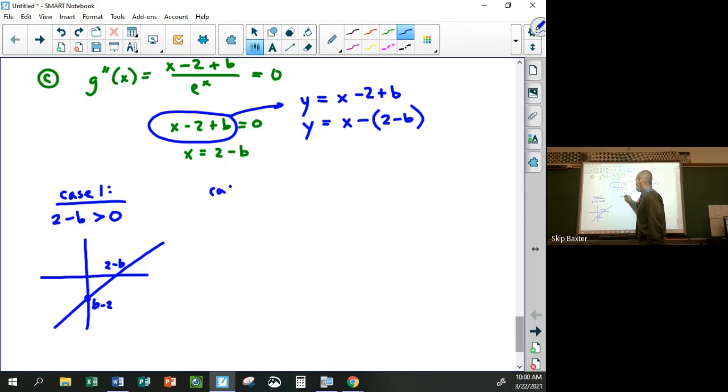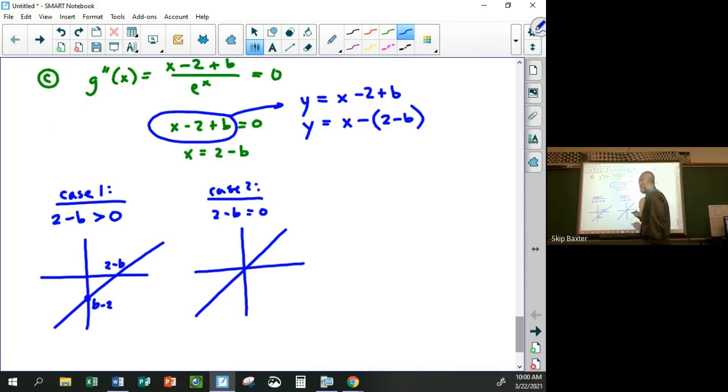Case 2 is if 2 minus b equals 0. In that case, it just goes right through the origin like that. So that's 0. And then case 3 is if 2 minus b is less than 0.